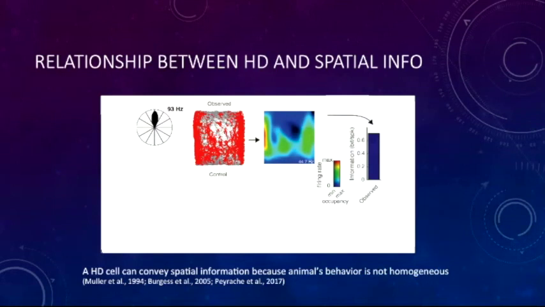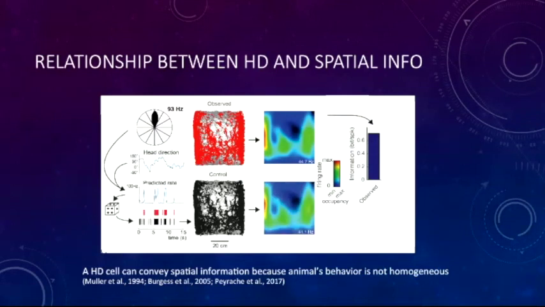But then if you generate an artificial spike train which is based only on the tuning curve and on the observed head direction of the animal, you can generate a firing rate. At each time, you read out the head direction, and then you read out the firing rate that you expect from this cell.